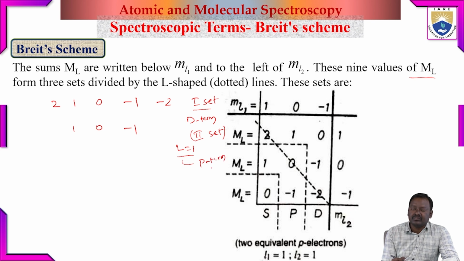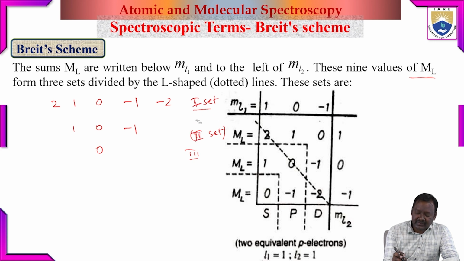And the third set, oh, we should not indicate like this. First, let us find out the three individual sets. So the third set is 0, only 1 ml value, and this is the third set. So this is the first set, second set, and this is the third set.